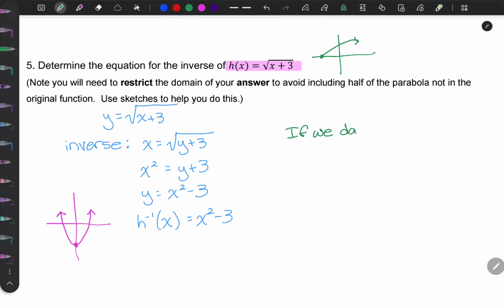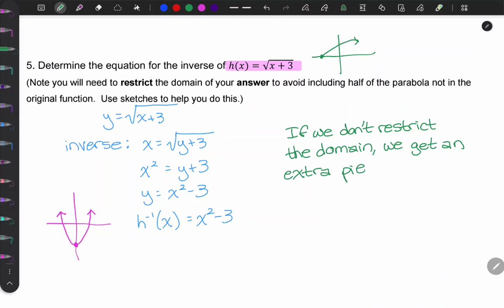If we don't restrict the domain, we get an extra piece of the graph. We only want the right branch.